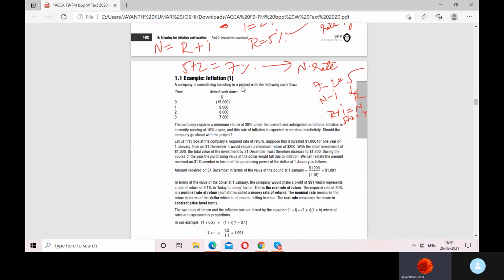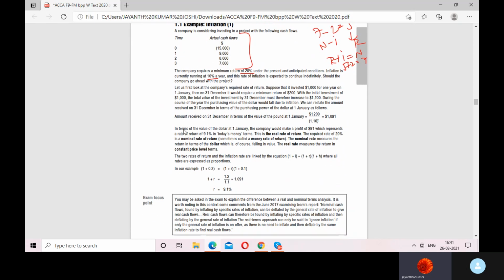Now let's take this. These are the actual cash flows, and the company's minimum rate of return is 20%. Under present conditions, inflation is running at 10%. So if this is your investment, you will get a return of 200, and it will be 1200.